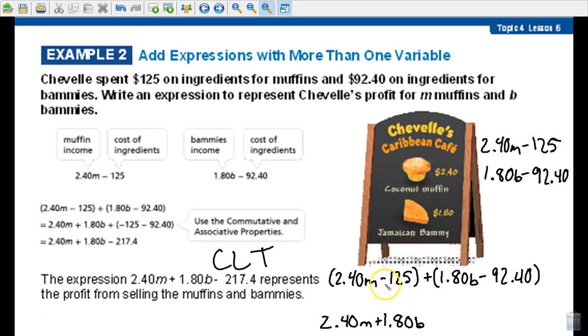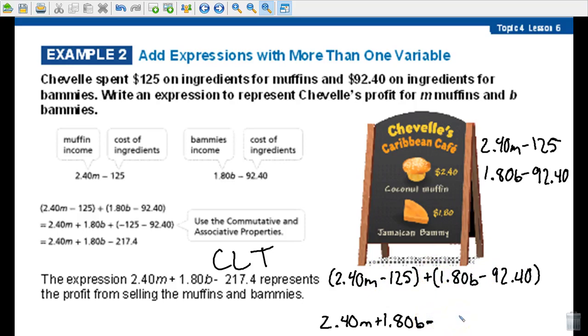Now I've got a negative 125 or minus 125. It's the same thing. Plus negative 92.40 or minus 92.40. It's the same thing, guys. Negative and minus means the same thing. Okay? So since they are both negative and they're adding together, I know the answer will be negative.